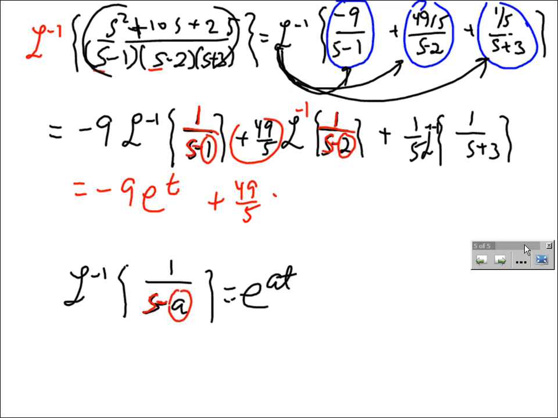So it becomes e to the that t, plus 1/5 the inverse transform of 1 over, this is the same as s take away negative 3. So that's my a. It's e to the at. And there is your answer.